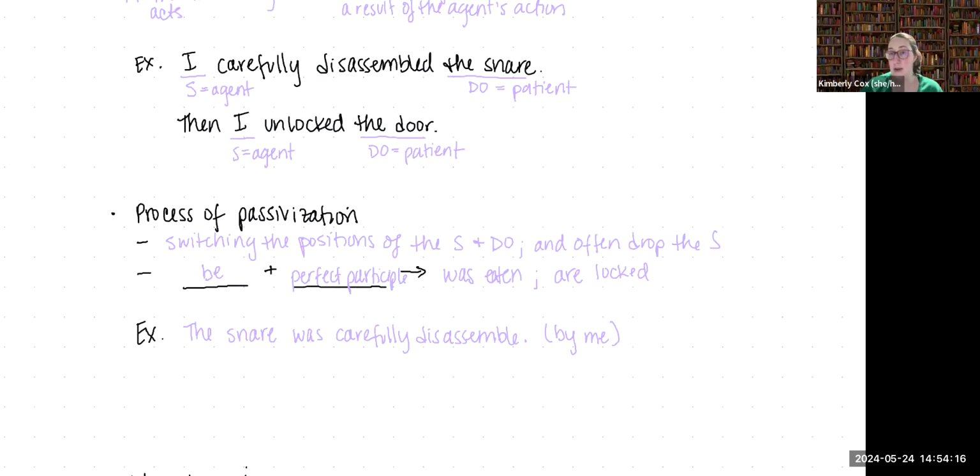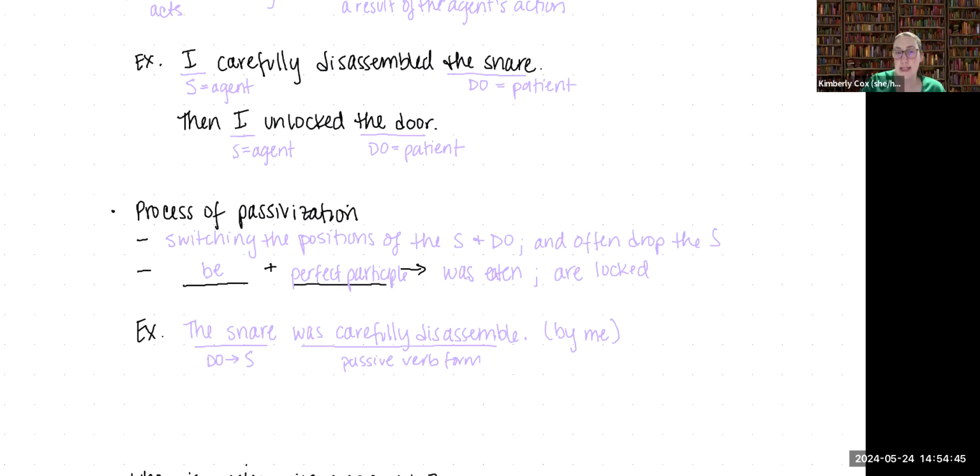The snare was disassembled. It doesn't matter that I was the one who did it. So with that, we have our passive construction. Our direct object becomes the subject, and we have a passive verb form.